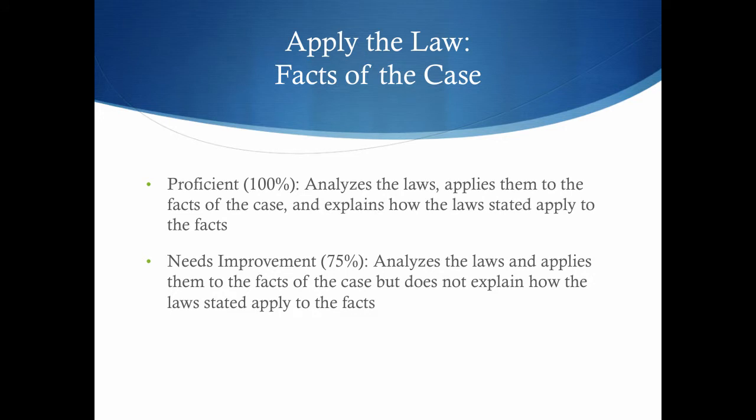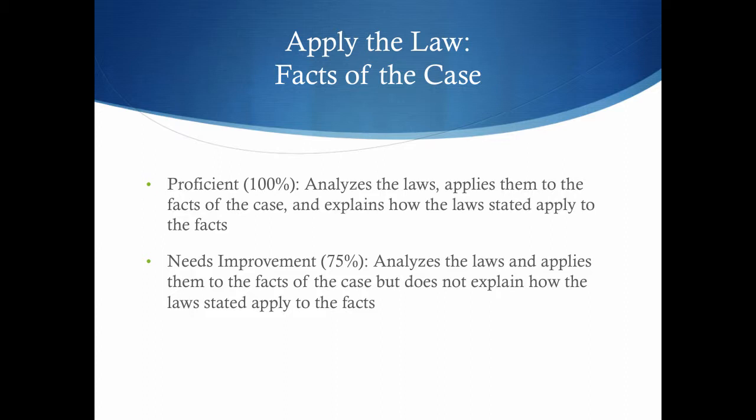The next critical element says apply the law. What are the facts of the case? Once again, you need analysis of the law, apply them to the facts of the case, and then explain how the laws stated apply to those facts. So to get 100%, you need to analyze the laws, apply them to the facts of the case, and then explain how the laws stated apply to the facts.